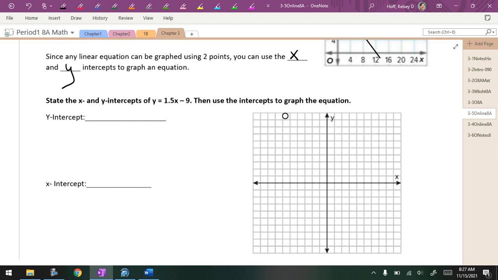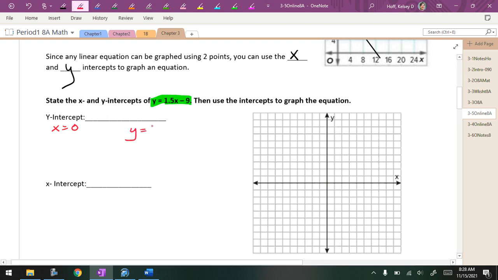Okay, here's what you need to know. Every y-intercept, x equals 0. So we take our equation, and instead of an x, we're going to put in 0.